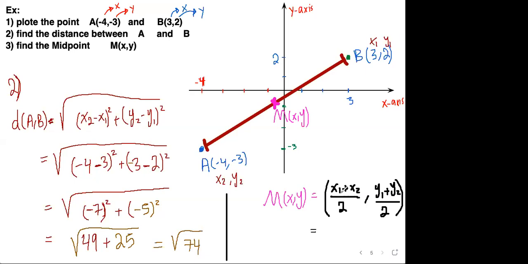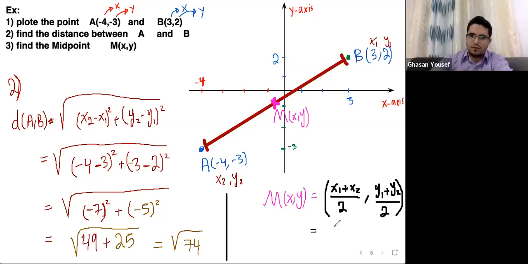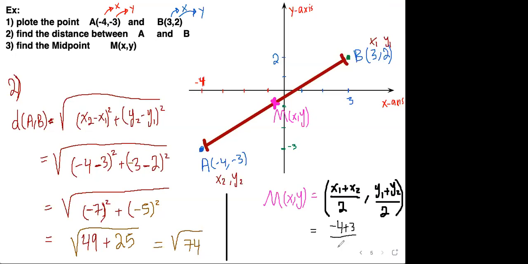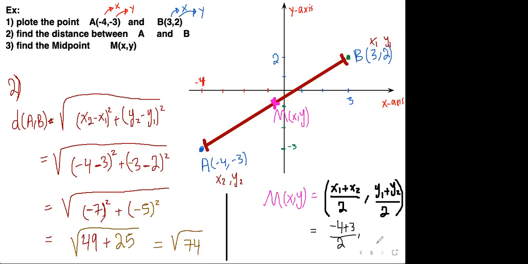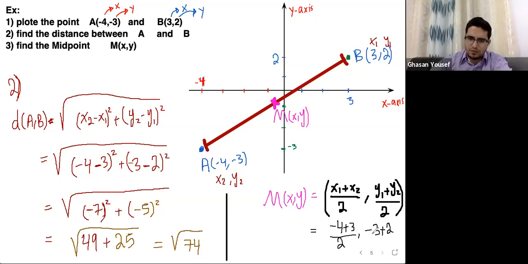So it would be -4 plus 3 over 2. And the second one? -3 plus 2 over 2. Yes, exactly.